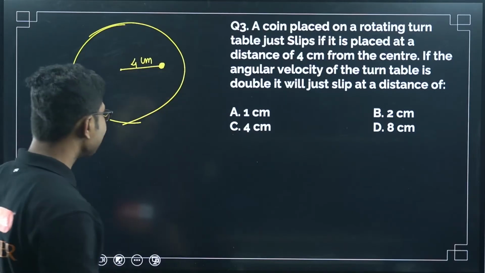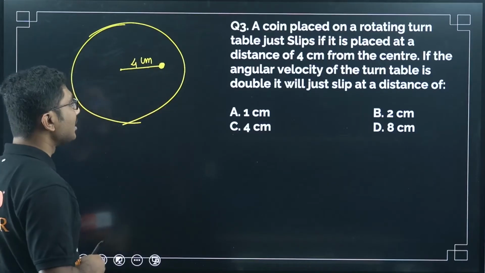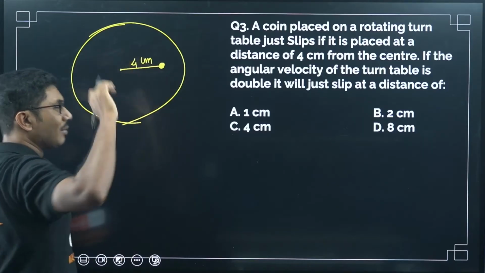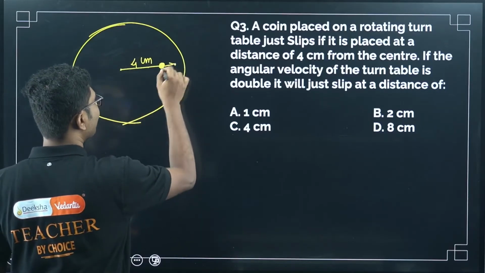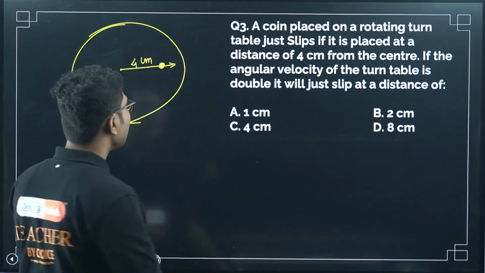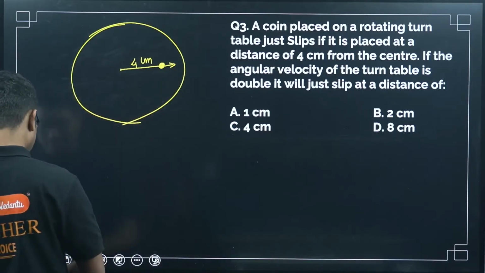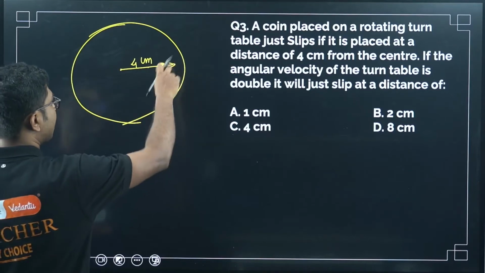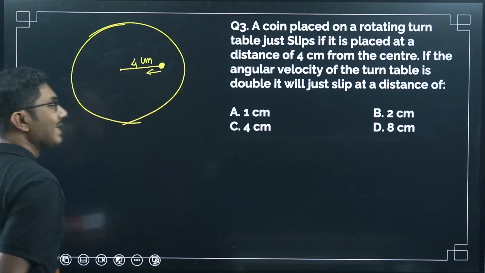Just slips means at this distance the centripetal force required is more than the force which is keeping it static, the force of friction. The force of friction is trying to keep it static, otherwise it will slip outward, in this direction. So force of friction generally acts in this direction to make it steady.